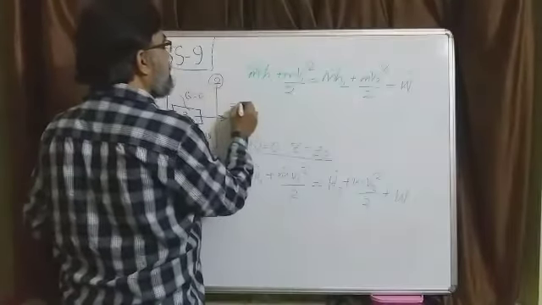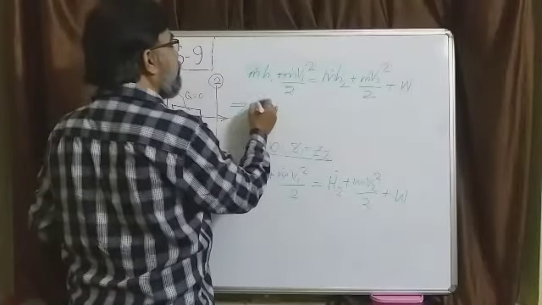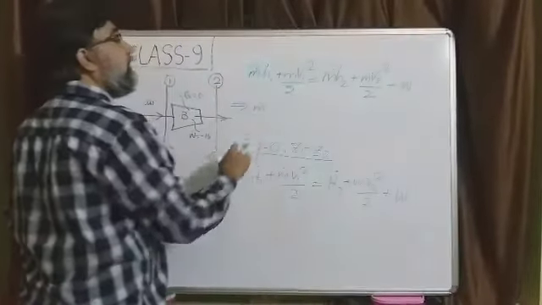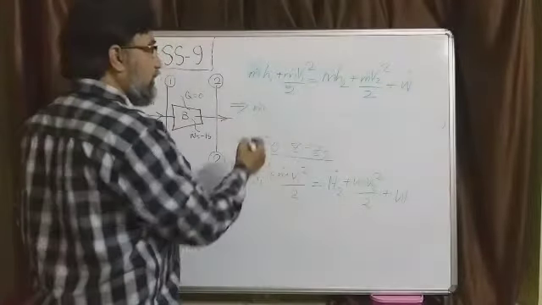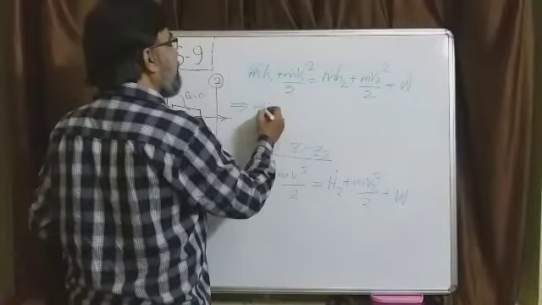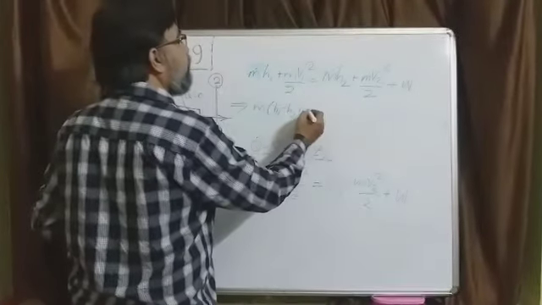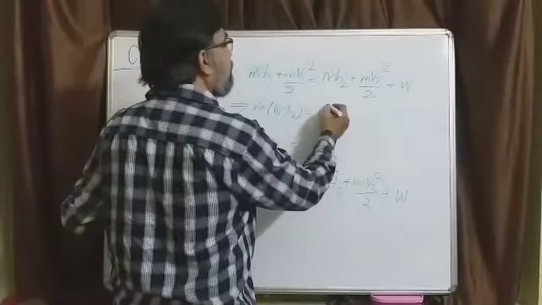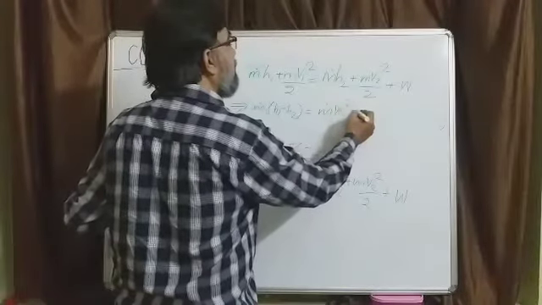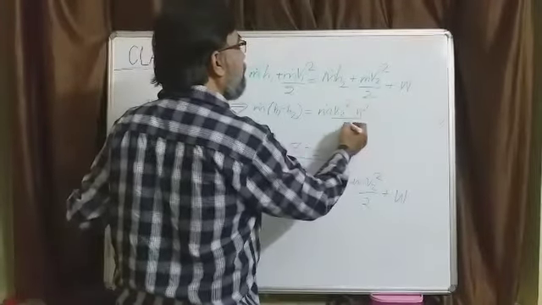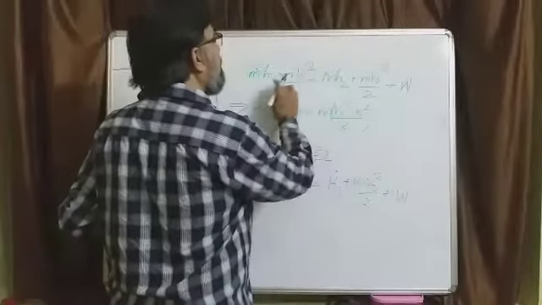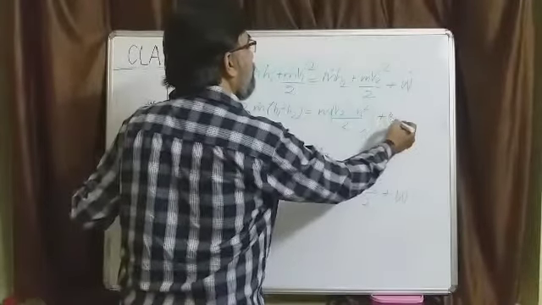Now what are we interested in? We are interested in T2. So T2 will come from H1 minus H2. So we can write m dot (H1 minus H2) is equal to m dot (V2 square minus V1 square) by 2, this will come here and this will go there, plus W dot.